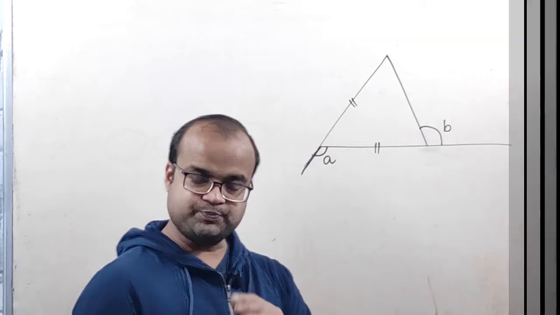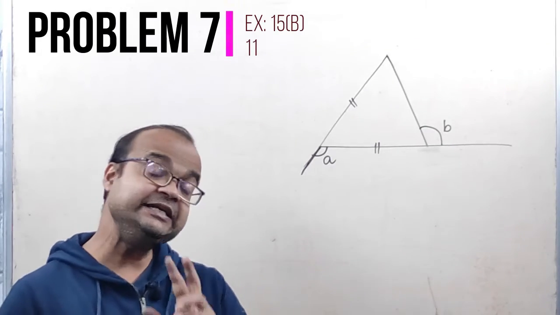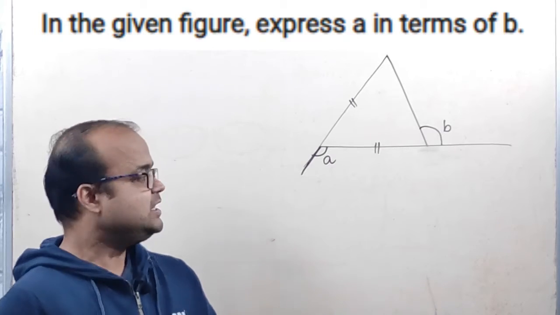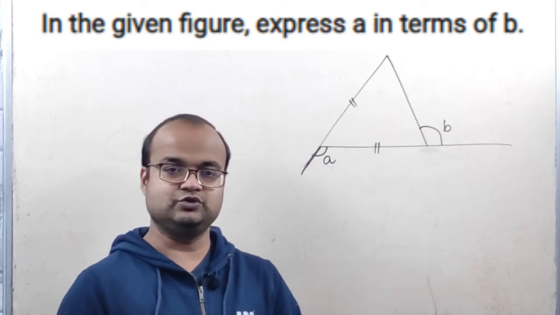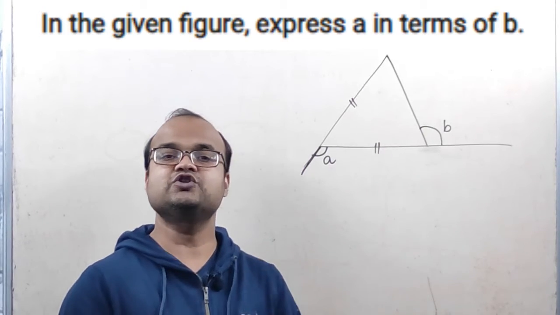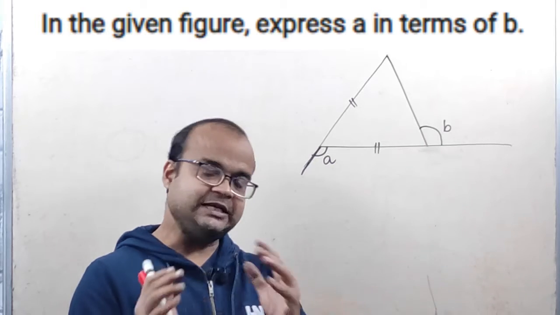Moving into the next problem, we need to express A in terms of B. See, in the question no numerals are given to you, so your expression will contain the terms A and B, and that is the question asked.